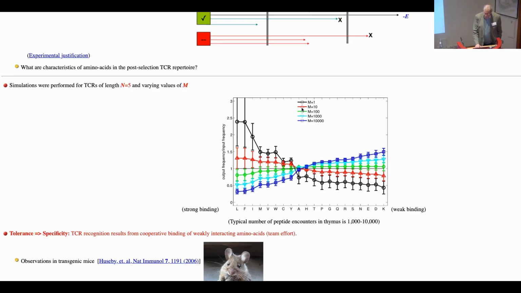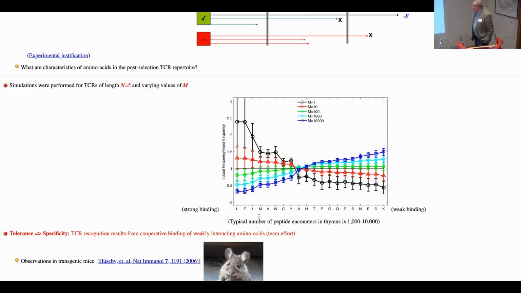And just for computational purposes, let's say we vary this number from 1 to 10,000. We find that when you are selecting against few, then there is a preponderance of strong amino acids, because you need to overcome this positive threshold.